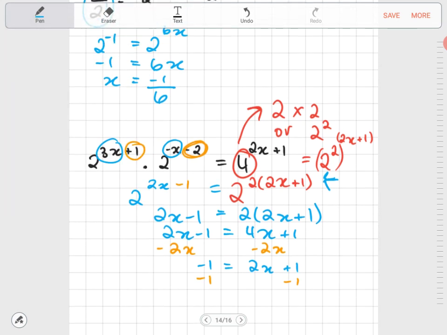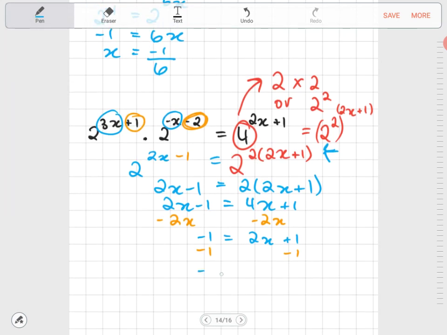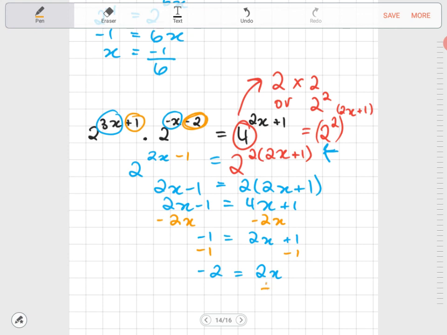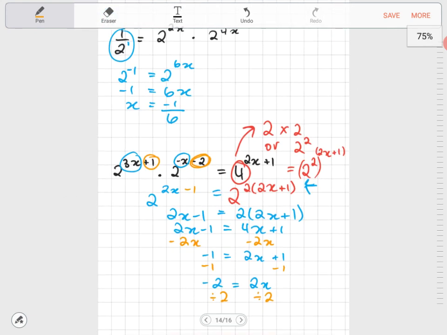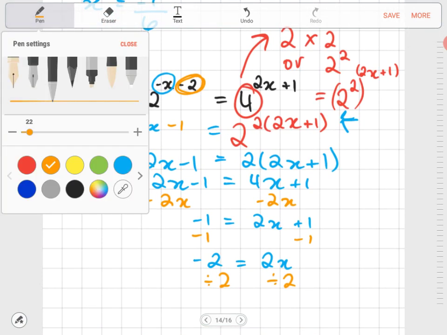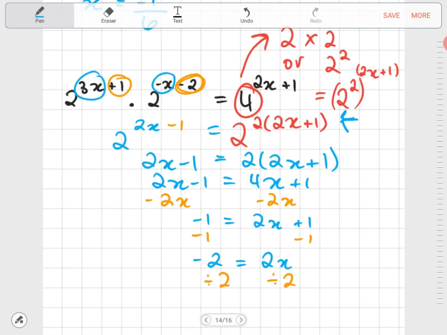So we're going to have negative 2 is equal to 2x, and then we're obviously going to divide by 2. And we are going to get a solution of that x is equal to negative 1. Okay, and you are solved.